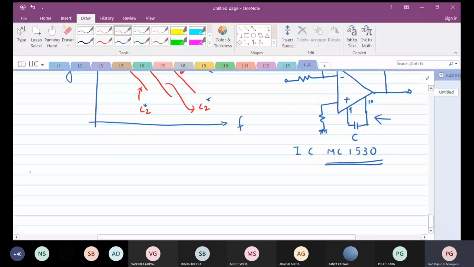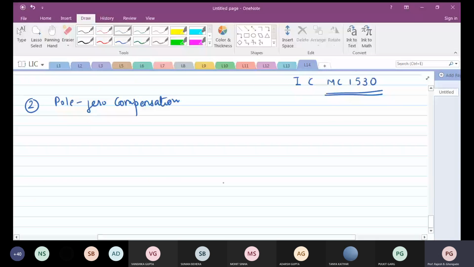There is another method, another technique. It is called the pole zero compensation. There may be another way of doing it, like this.